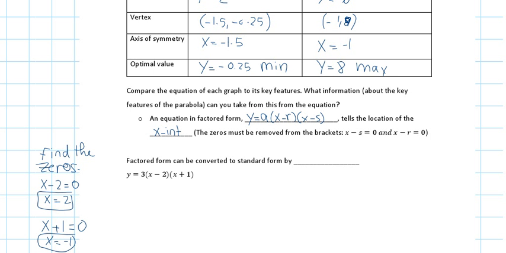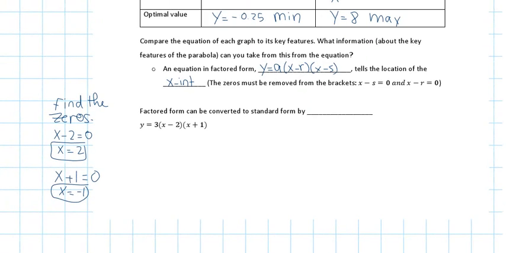Sorry, I'm a little lost. So, what do I have to do? This is your equation, right? It's in factored form. So you take one of the brackets and you set it equal to 0, because I'm looking for the zeros. You're just literally doing x minus 2 equals 0. And then you're going to do x plus 1 equals 0. You're not replacing anything.